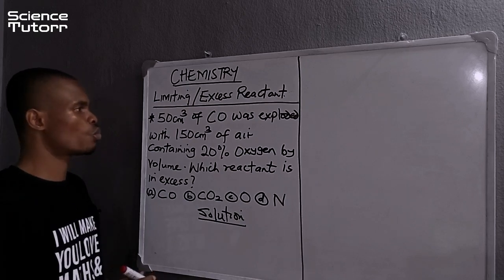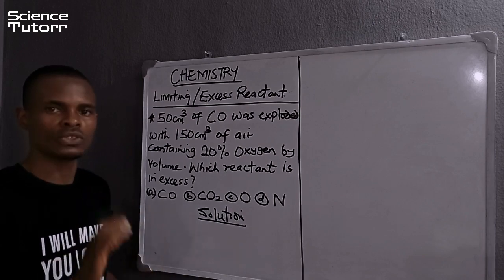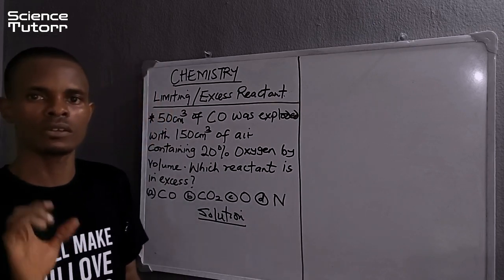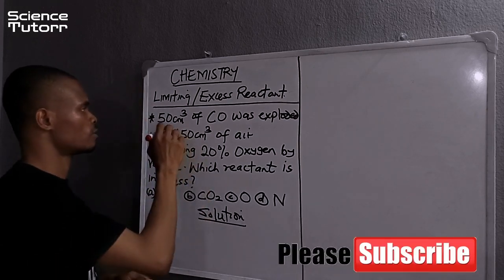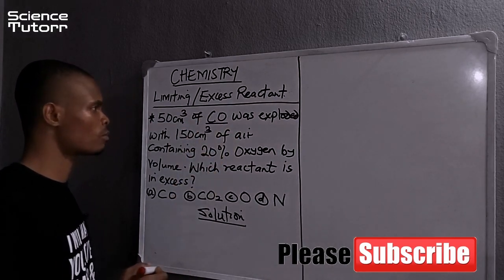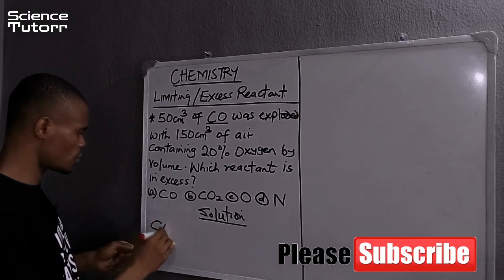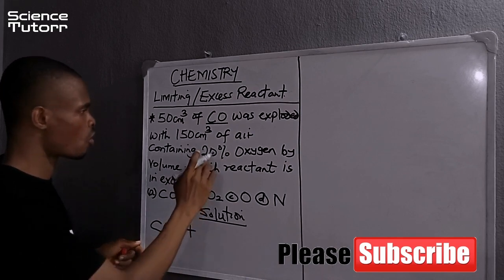First step is to identify the reactants and then use them in writing a balanced chemical reaction. In this case, we are told that 50 cm³ of CO, which represents carbon monoxide, was exploded. So we have CO as a gas plus oxygen.